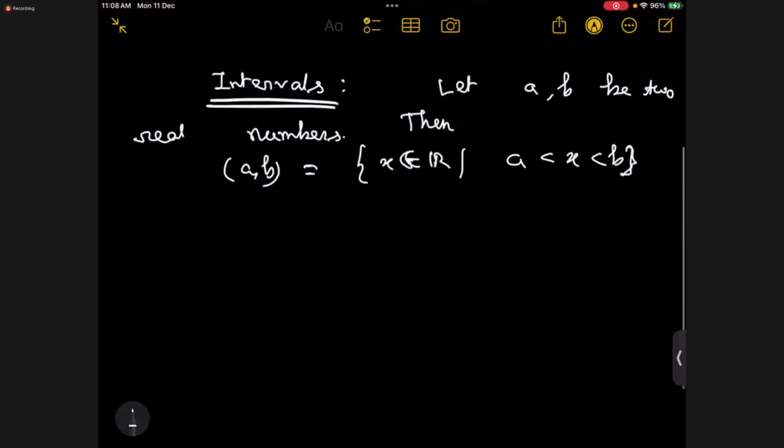Now, point out one thing: this set is obviously a subset of R. Why is it a subset of R?